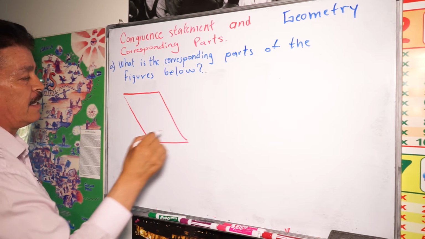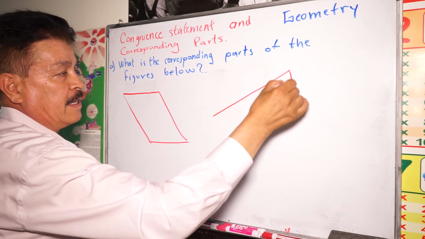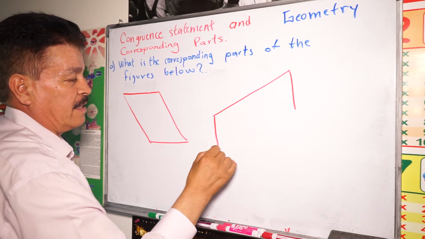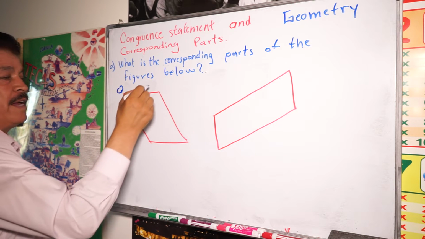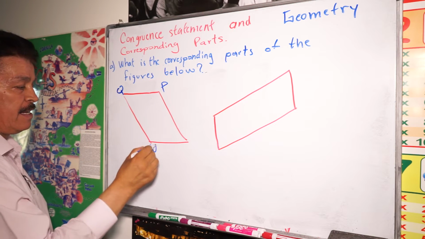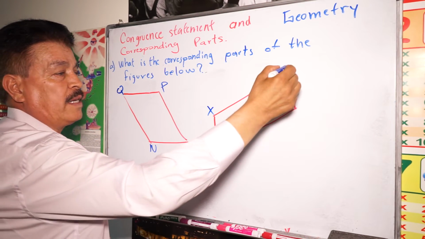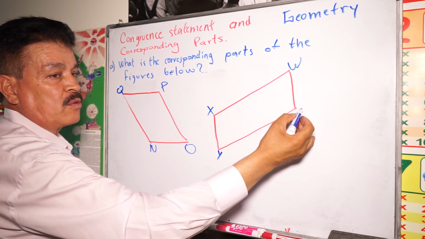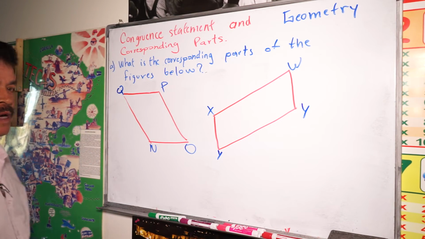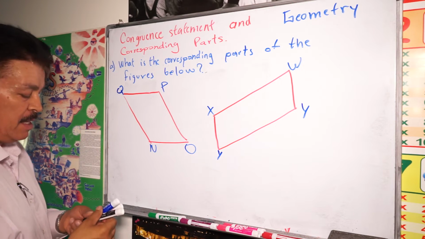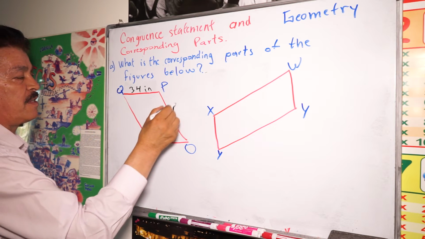And then we are going to have another one the same way. I'm going to write the letters for the corners, the angles: Q, P, N, O, and then for the second one, Y, X, B, and W.